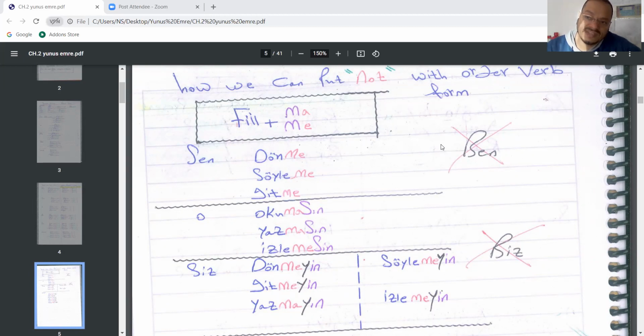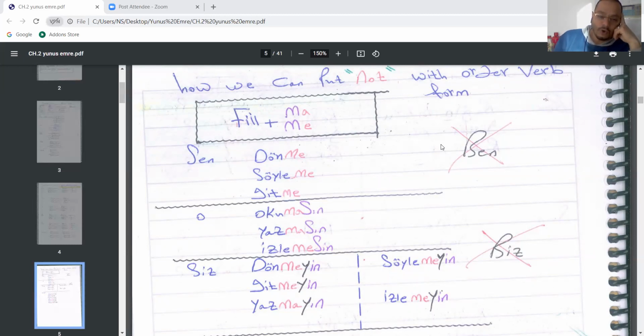Gitmek will be git, that means go. But when I say not to do that, I just put ma or me after the base form, after deleting mak or mek. Sorry, to be dönme, söyleme, gitme.